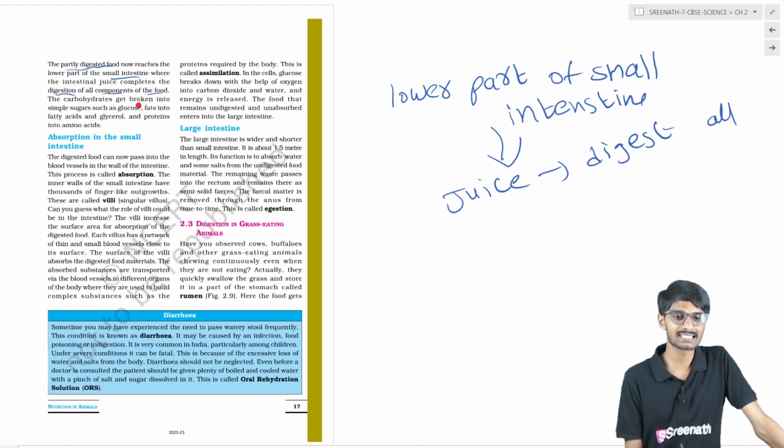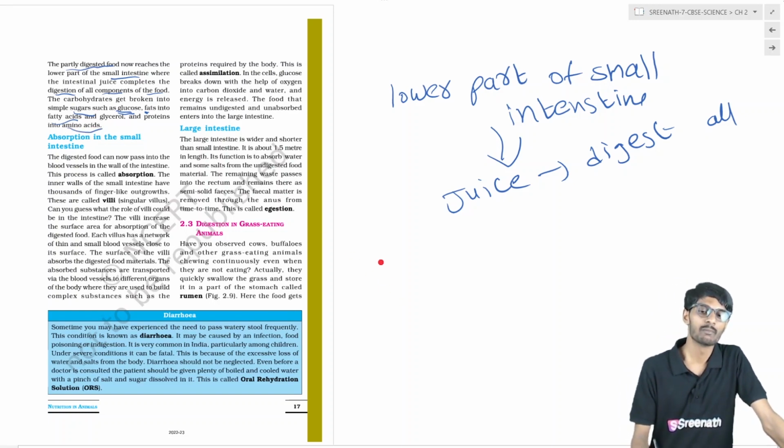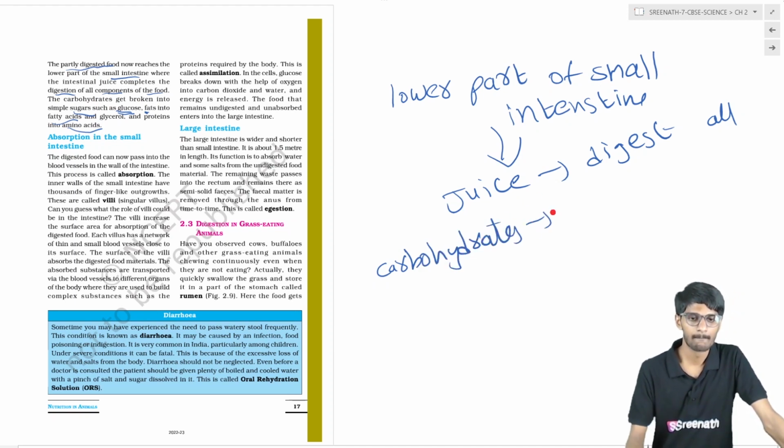The carbohydrates get broken down into simple sugars such as glucose, fats into fatty acids and glycerol, and proteins into amino acids. So how are carbohydrates broken down?